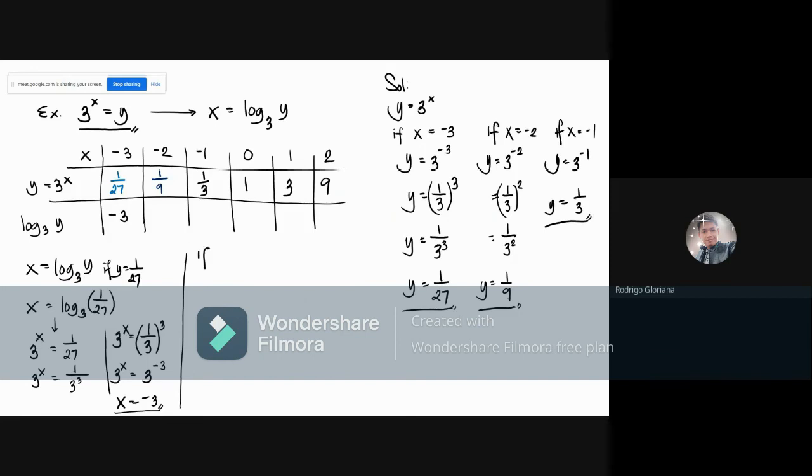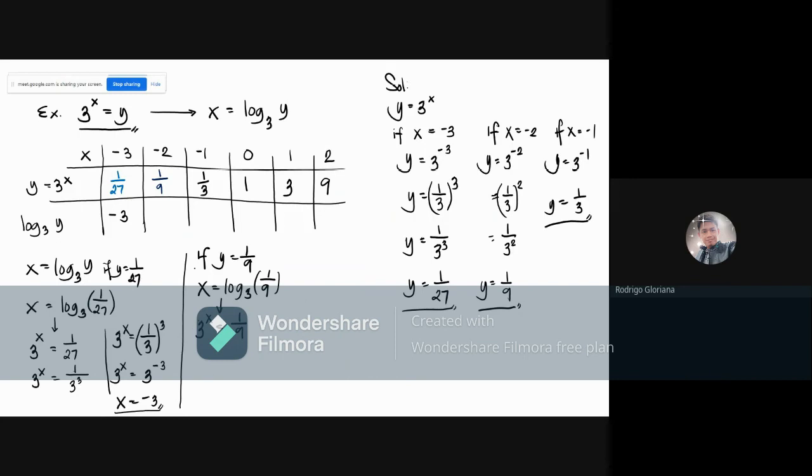Another one, if y is equal to 1/9, we have x equal to logarithm of 3, base 3, then 1/9. So, we translate this to exponential. We have 3 raised to x equal to 1/9.